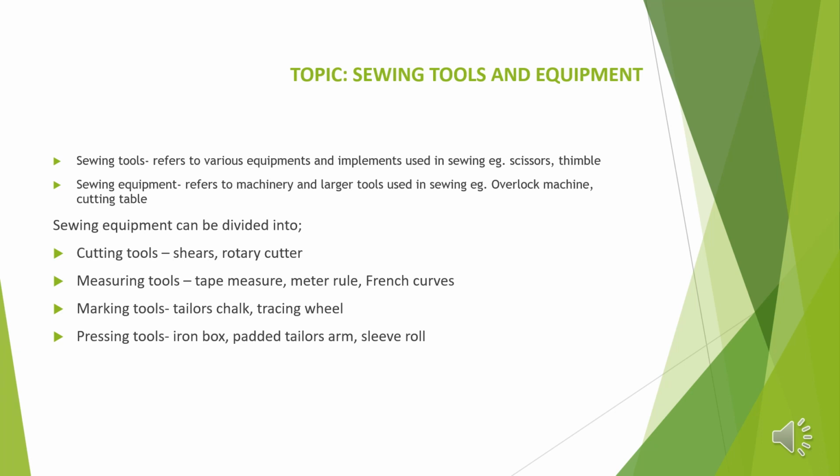Under marking tools, we have tailor's chalk, we have the tracing wheel, and so on. Under pressing tools, we have the iron box, we have the padded tailor's arm, we have the sleeve roll, and so on.